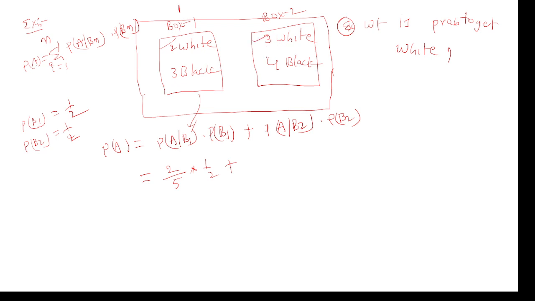Three favorable to select a white ball, 3 by the total number of balls, that is 7 balls, multiplied with the probability to select box 2, 1 by 2. So the probability is 2 by 10 plus 3 by 14. By using total probability we can calculate. So if multiple boxes, multiple events are there, in this case we go for total probability.